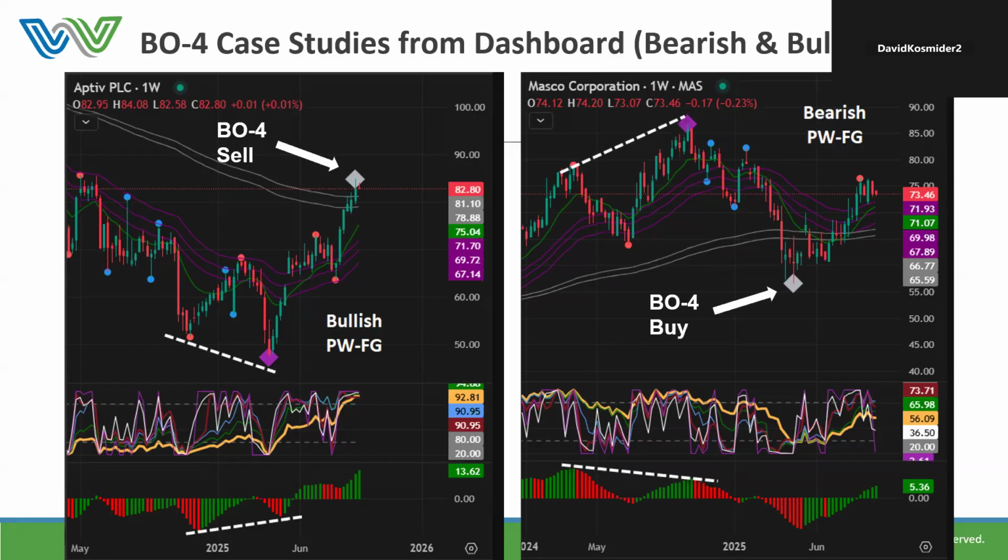There are many ways that you can express it, as long as you use proper money management and risk management and keep your stop in place. That's very, very important. So the takeaway here is that the PW fill the gap sequence naturally evolves into the breakout 4 continuation trade, giving us a structured way to trade both turning points and the next leg of the trend.